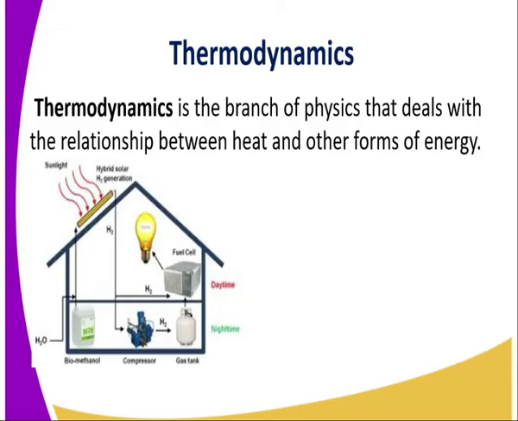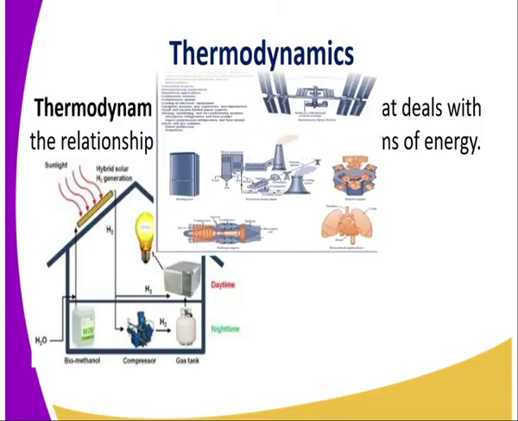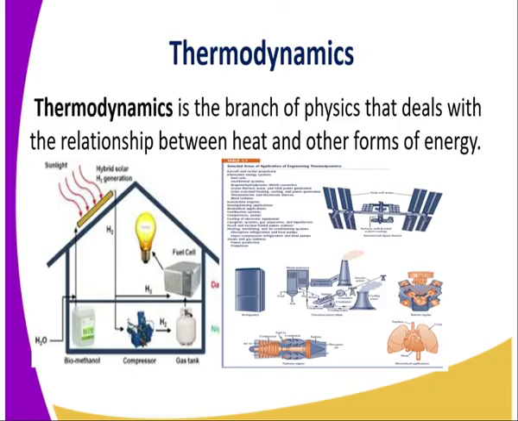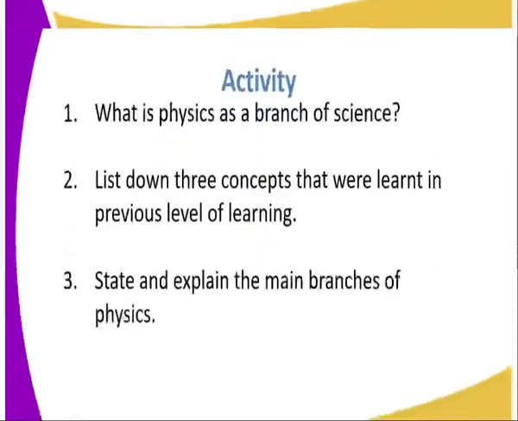This is to enable reflection of heat from the sun, that is radiation. We also have the operation of some appliances like the refrigerator, the solar panel, the satellites. In biology, they are also applied, that is, there is a relationship there. So thermodynamics deals with the relationship between heat and other forms of energy.